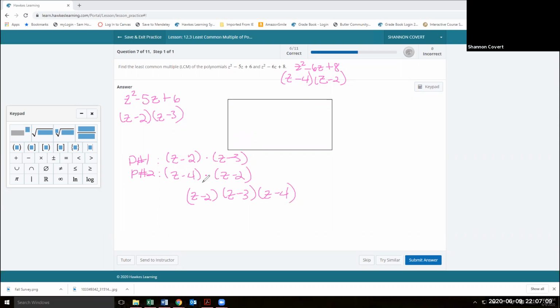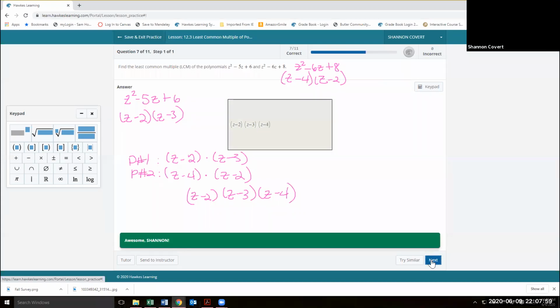So I have three factors here as my least common multiple of the polynomials that I was given. And that is the quantity z minus 2 times the quantity z minus 3 times the quantity z minus 4. Type that in the box, z minus 2 times z minus 3 times z minus 4. And I'm correct. Again, I love that green bar.